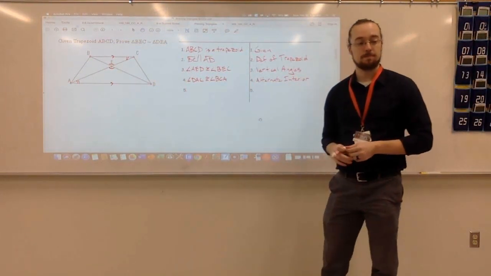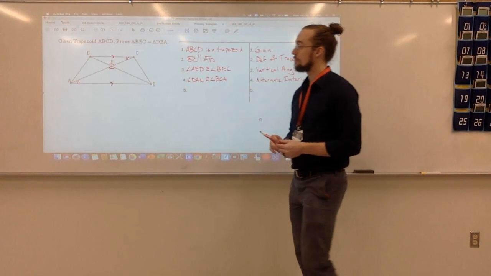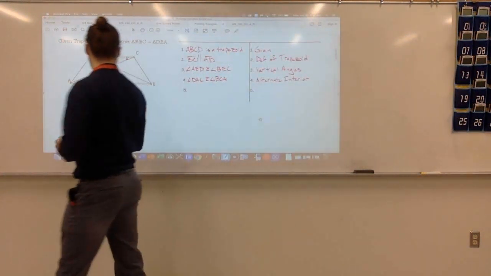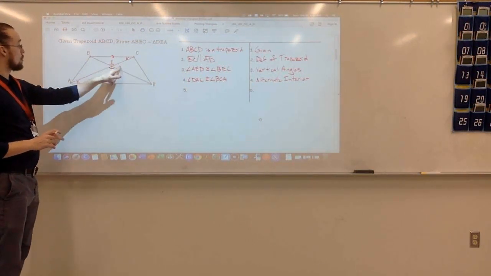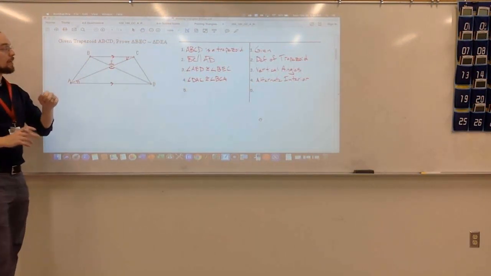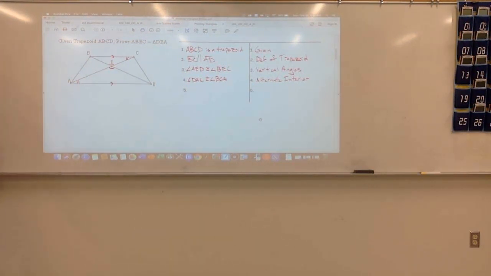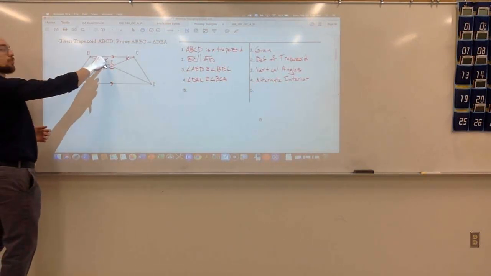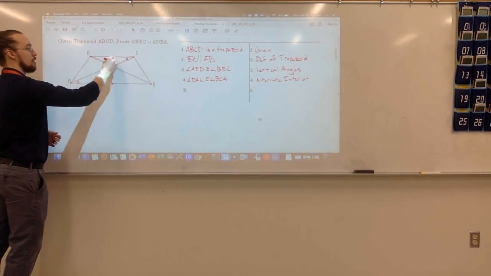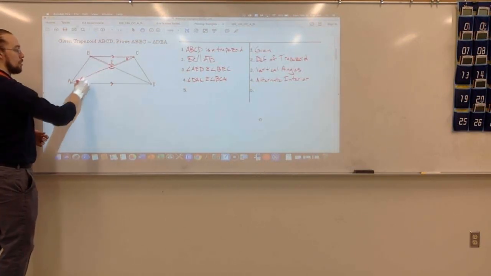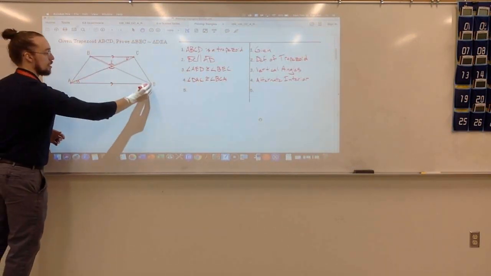Would BEA and CED work as vertical angles? Yeah, those would be vertical. In this proof, that wouldn't really help us though, since we're trying to prove this triangle here is similar to this triangle here.